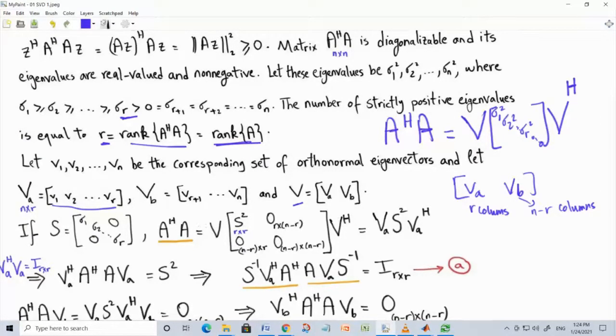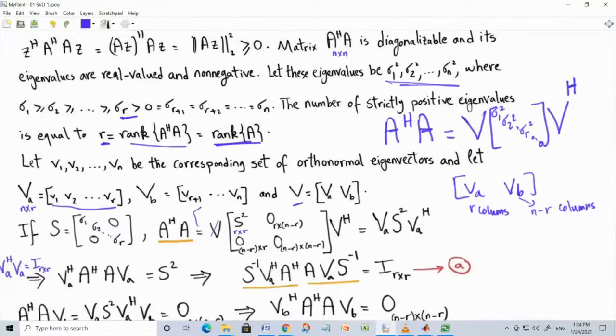On the other side, we have the inverse of V, because V is unitary, so this is V Hermitian. Between them is the matrix of eigenvalues, which are the squares. So this block will be S squared, and the remaining matrix will be all zeros.